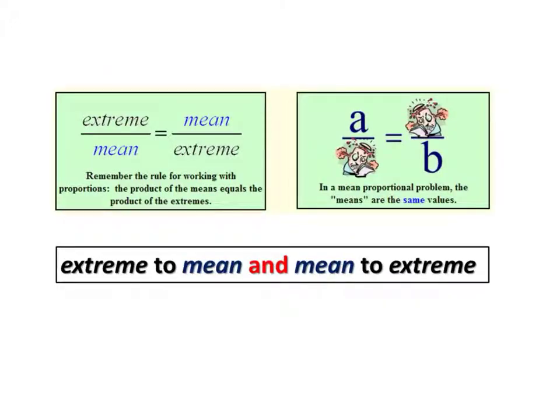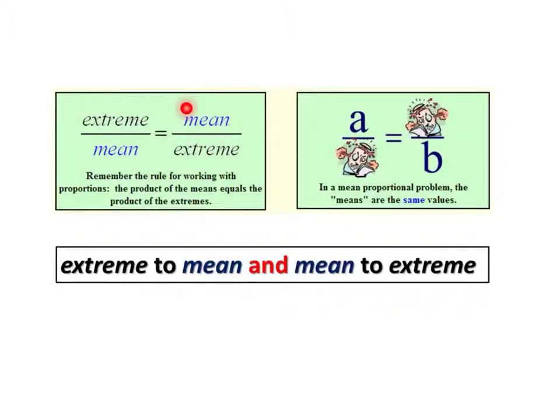All right, we're going to take a look at a couple things here. We're going to look at extremes and means. And what I want you to understand, and you probably did this in middle school, is when you had a missing number in a proportion, you multiplied or cross-multiplied and then divided.